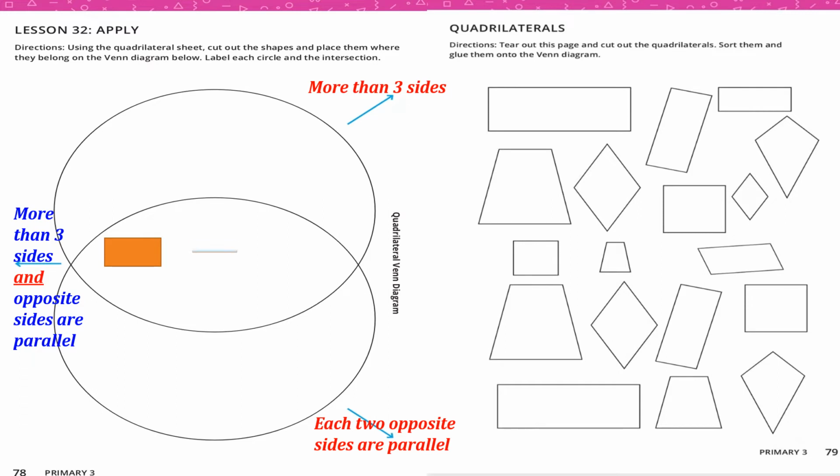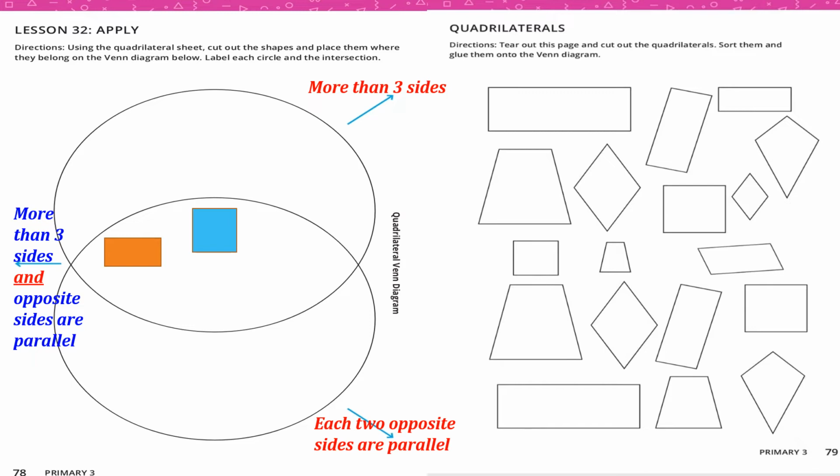The second shape is square. Yes, square is more than three sides. Okay, where should I put it? Does it follow each two opposite sides are parallel? Yes. In square, we have each two opposite sides are parallel. So it follows the two circles, it follows the two features.